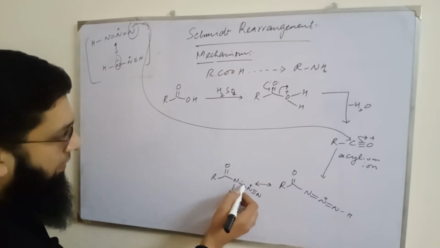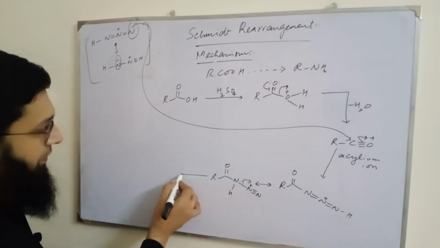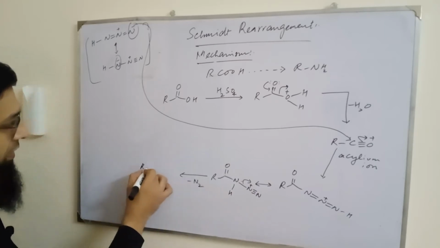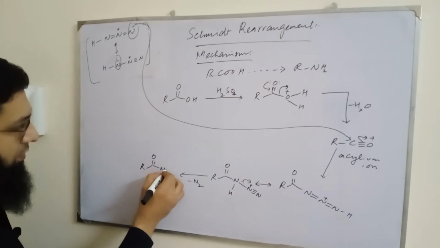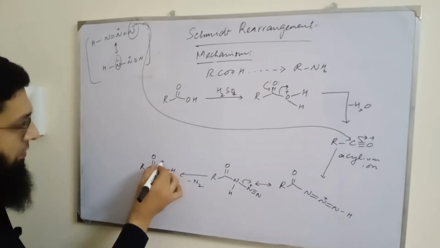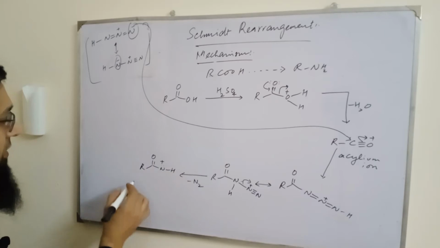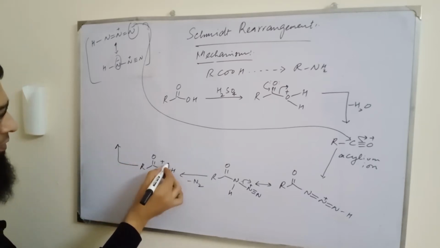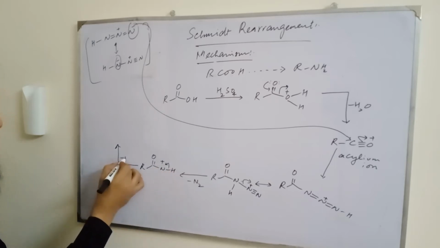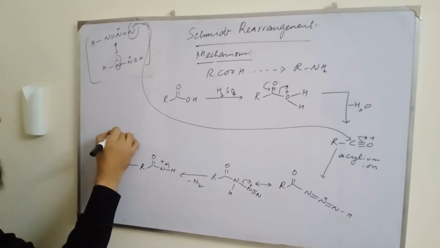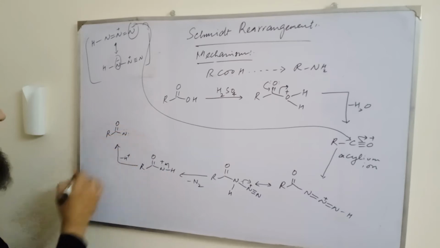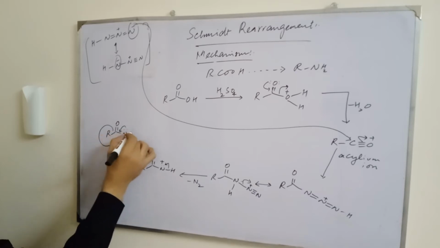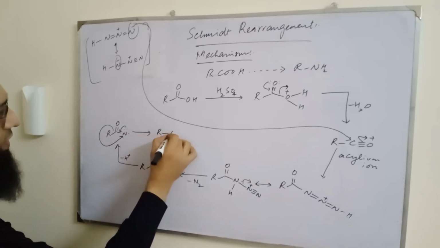So this is eliminated, minus N2, and we get this one. In the next step, proton is eliminated, minus H plus, and we get nitrene, and in the next step this migrates here and we get isocyanate.